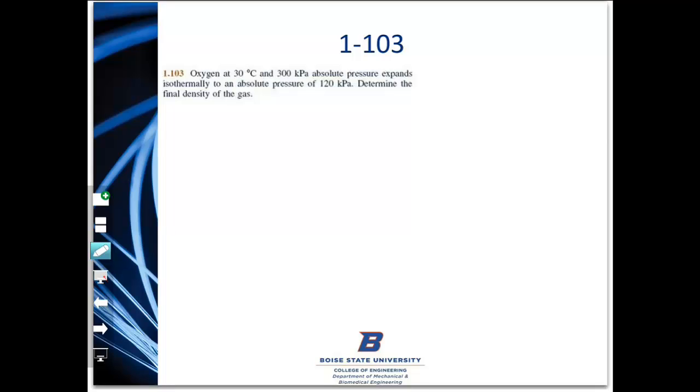If you have taken thermodynamics, you know that an isothermal process is a process where temperature, which is one of the properties, remains constant. So isothermal implies T is constant. Okay, so oxygen can be treated as an ideal gas.